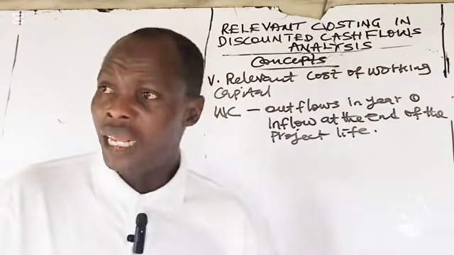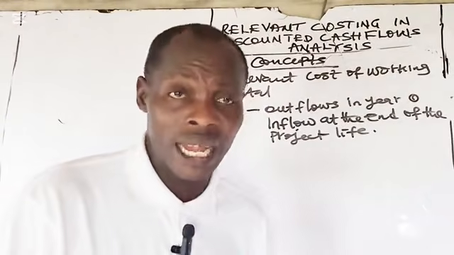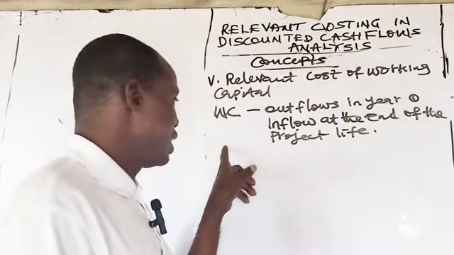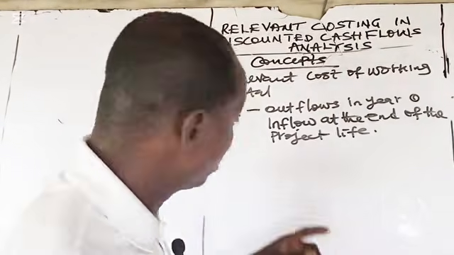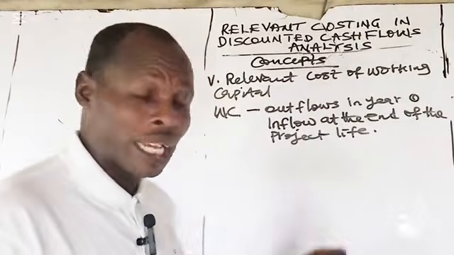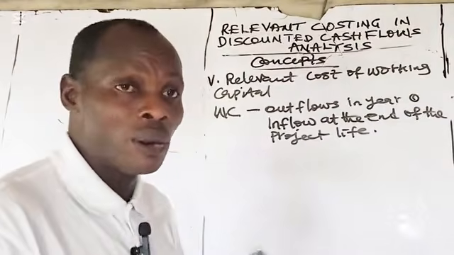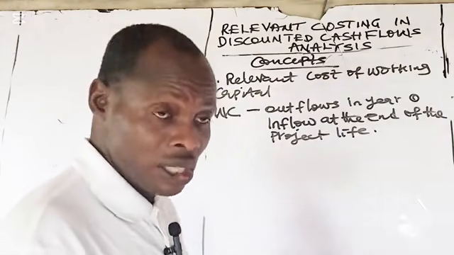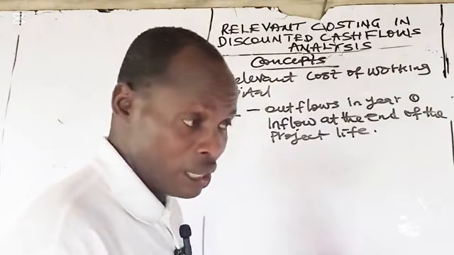But where it is incremental in nature, where it increases over the years, the amount you have at the inception of the period, you treat it as an outflow in year 0. Then you look at the amount of increment or decrease between the years.